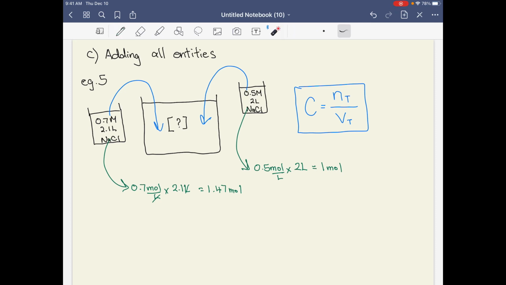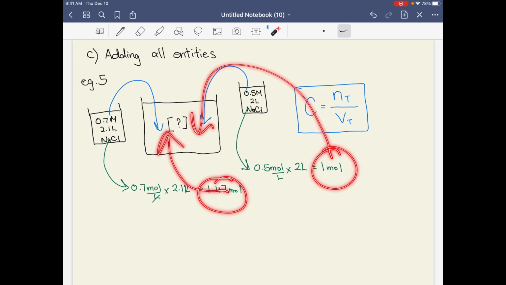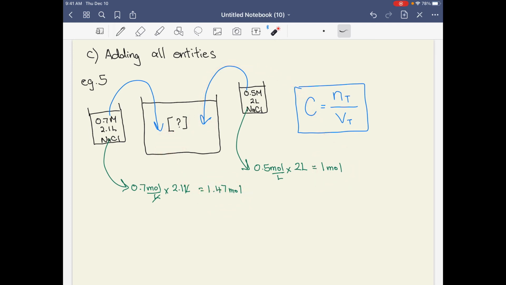That's obvious. So what you're doing is that you're adding 2 of these in here. So you got your total mole if you think about it, okay? So your total mole is 1 mole plus 1.47 mole. Now you want to know what is the total volume, which is really right in front of you. You're adding 2 liters and you're adding 2.1 liters.